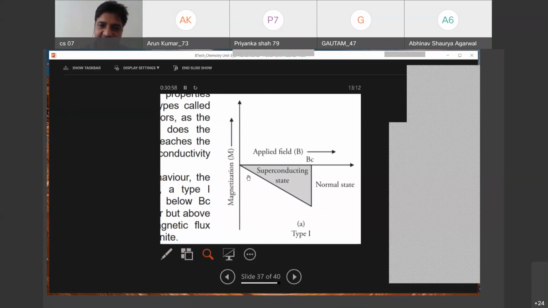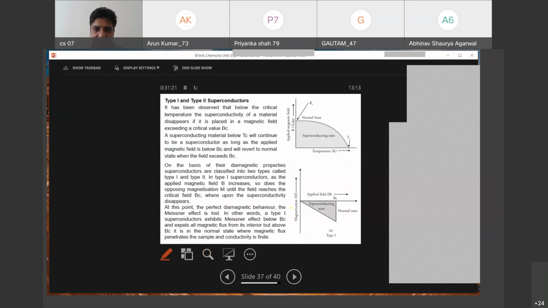If you see here, as the applied magnetic field increases, you will have a decrease in the magnetization.